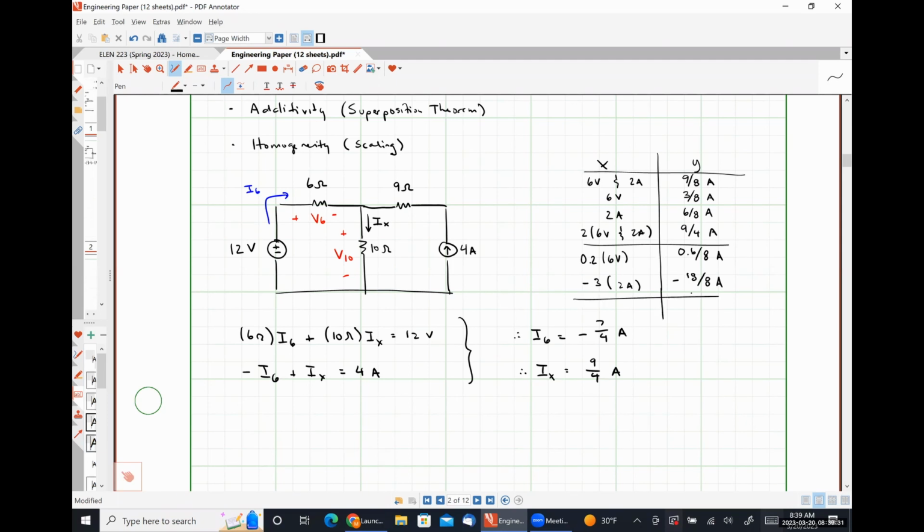Putting those together, 0.2 times 6 volts and -3 times 2 amps. That should be -17.4 over 8 amps is my output, if I did that math correctly. 0.2 times 3/8.